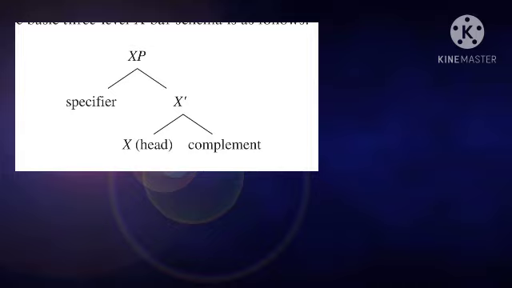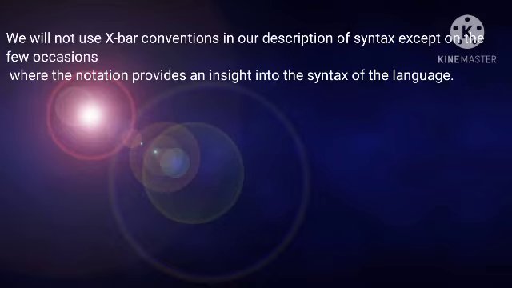In a verb phrase, the specifier is an adverb such as never or often. And then we will not use the X bar convention in our description of syntax, except on the few occasions where the notation provides an insight into the syntax of the language.